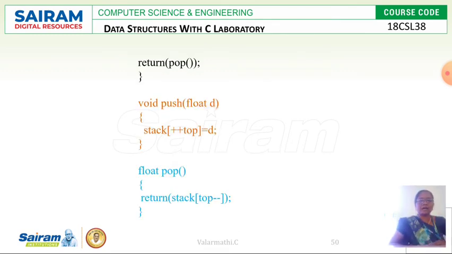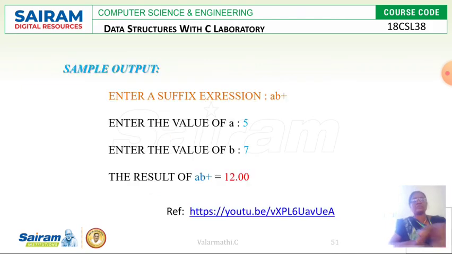Push is nothing but inserting one element. So the element which is going to be inserted is added in the stack at the incremented top. Similarly for the pop operation, it will return stack of top minus, right? This is what we have discussed in the previous experiments also. Coming to its output, first we have to give the suffix expression.